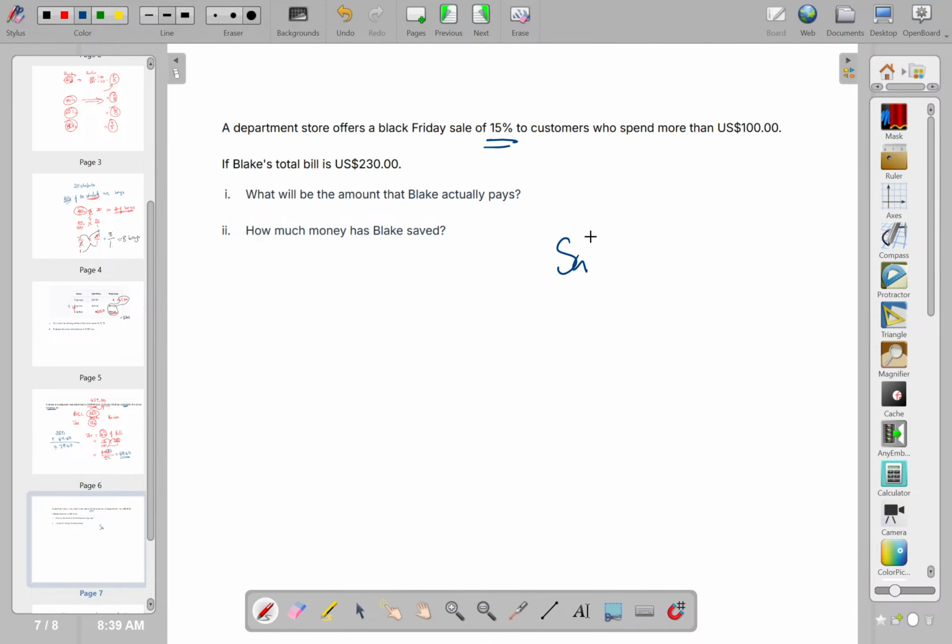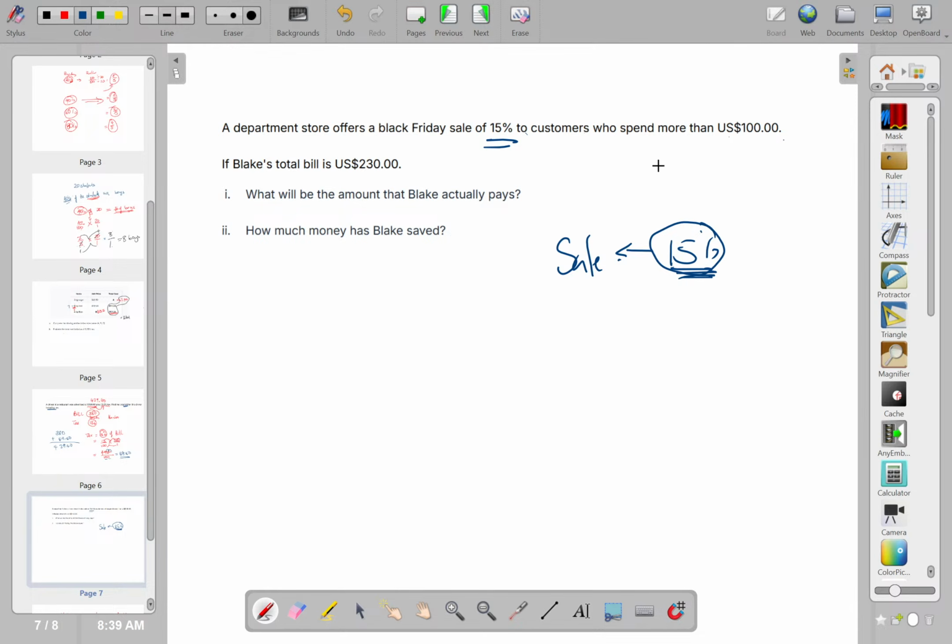Remember, I'm not saying that the sale is equal to 15. 15% represents the sale. Remember, percentages have to get applied to something. So if you spend more than $100, you get 15%.